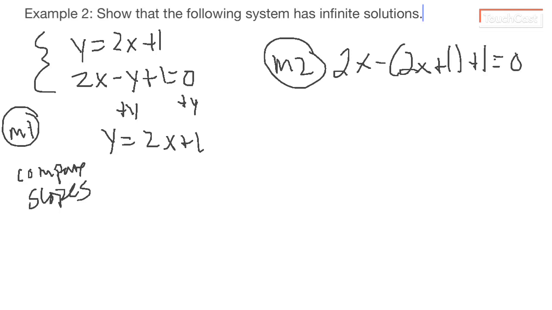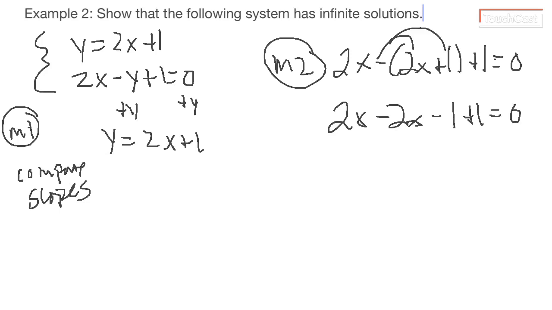Wherever there was a y in our second equation, we replaced it with 2x plus 1. Well, now we can distribute this minus sign, so we're going to have 2x minus 2x minus 1 plus 1 equals 0. Well, the 2x's are going to cancel each other out, and the 1's are going to cancel each other out, so we are going to get 0 equals 0, which is a true statement.